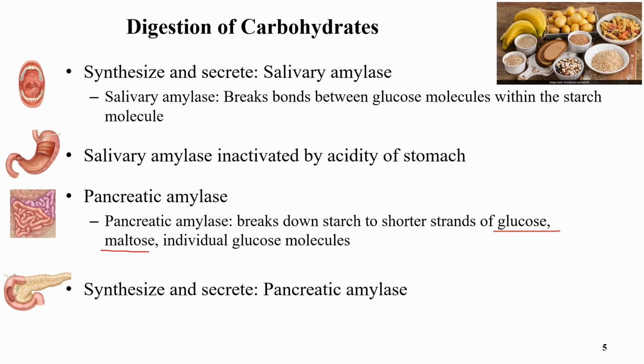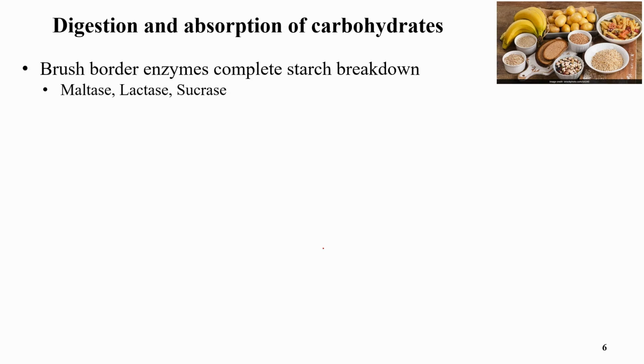And then finally, most of the disaccharides are broken down by specific enzymes at the brush border. The maltase will break down maltose into two glucose molecules, smaller and easier to absorb. Lactase will break lactose into glucose and galactose, and so on.